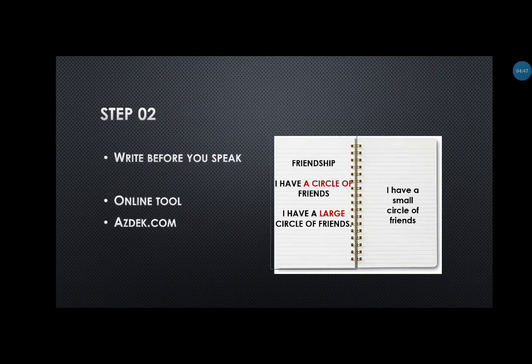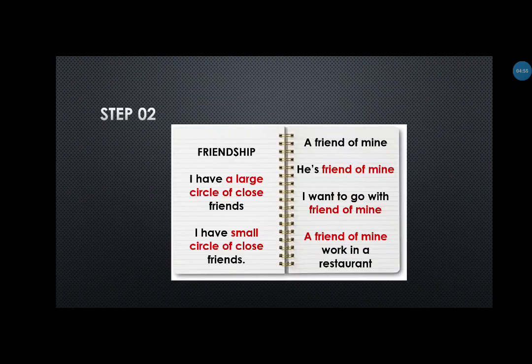I have a large circle of friends. I have a small circle of friends. Using an adjective, I have a small circle of close friends. You see, I'm making different sentences with the structures, with the phrases, adjectives, verbs, and nouns I learned from this online dictionary. You can also say, a friend of mine.